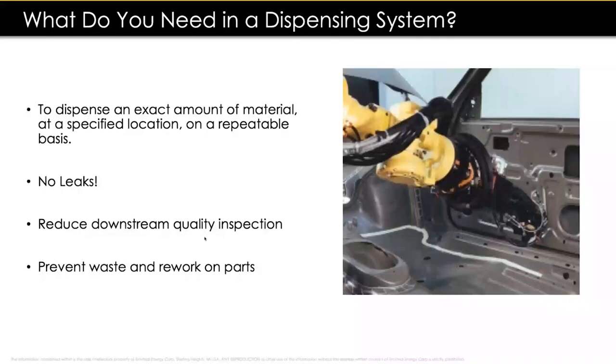We tune these machines and robots in to do the application, and we don't want any falter from that. We obviously do not want any leaks in our leak testing. We don't want any downstream quality inspection WIP buildup, where we have to slow our production lines down. And we want to prevent waste and rework on parts.